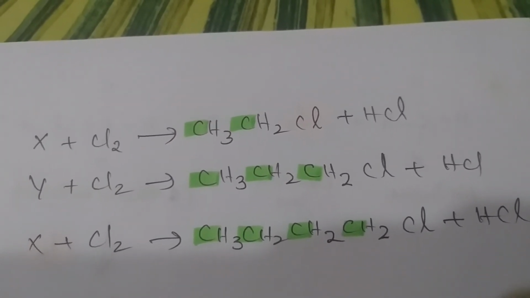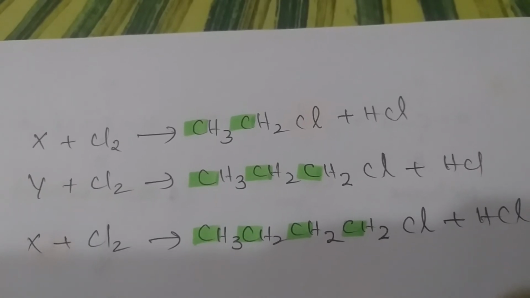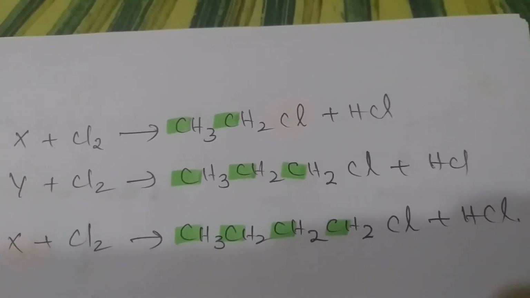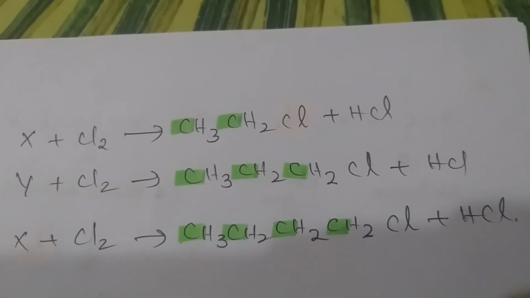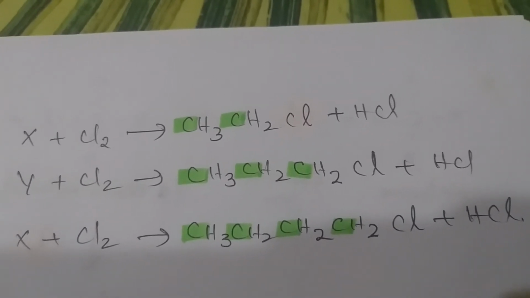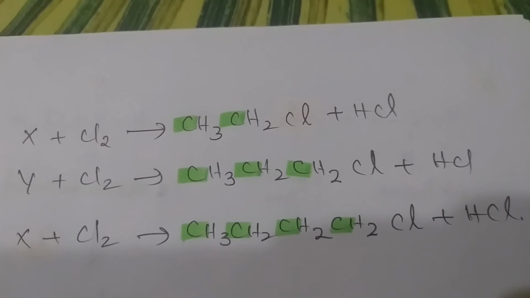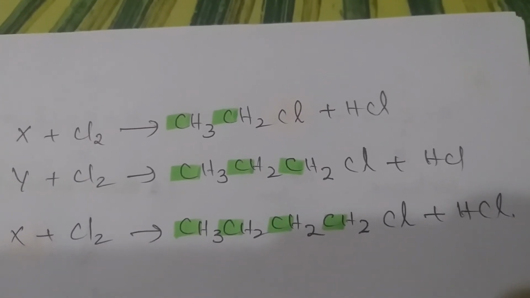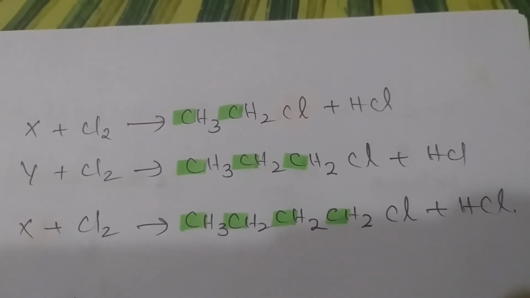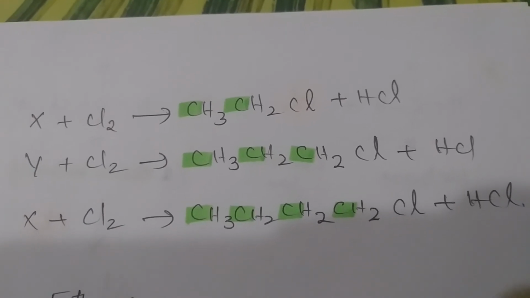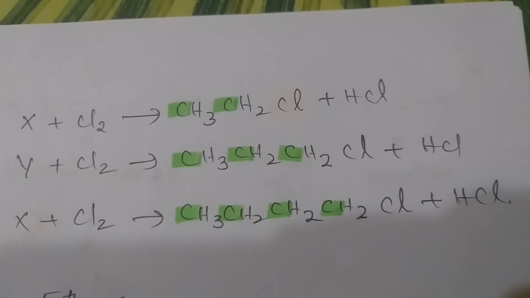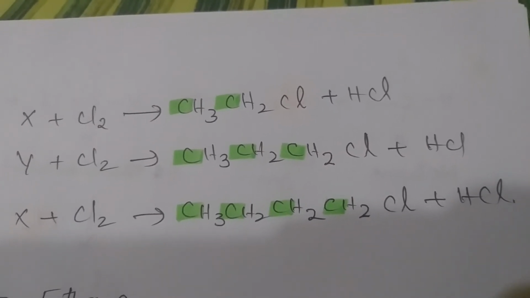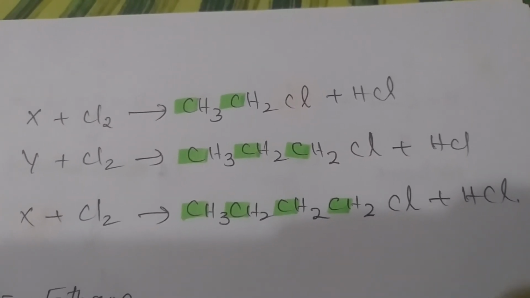For the next one, Y plus Cl2 gives a product with three carbons, and the alkane with three carbons is propane. So Y should be propane. When we treat chlorine with propane, we get chloropropane. Then for the third one, there are four carbons, so the alkane with four carbons should be butane, right?